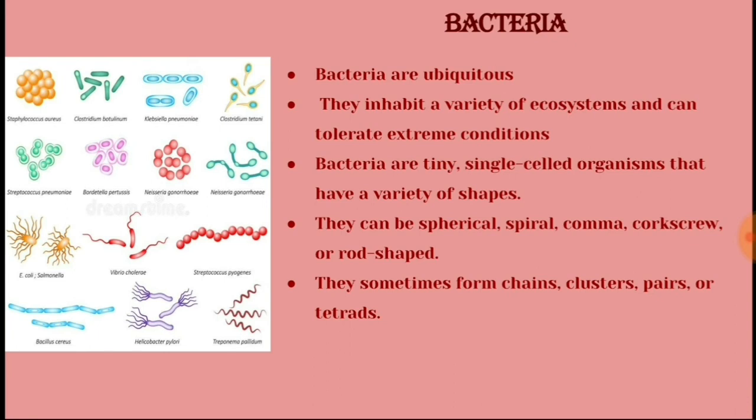And these bacteria are tiny single-celled organisms that have a variety of shapes. They can be spherical, spiral, comma shaped, corkscrew shaped, or rod shaped. I've put an image of it.